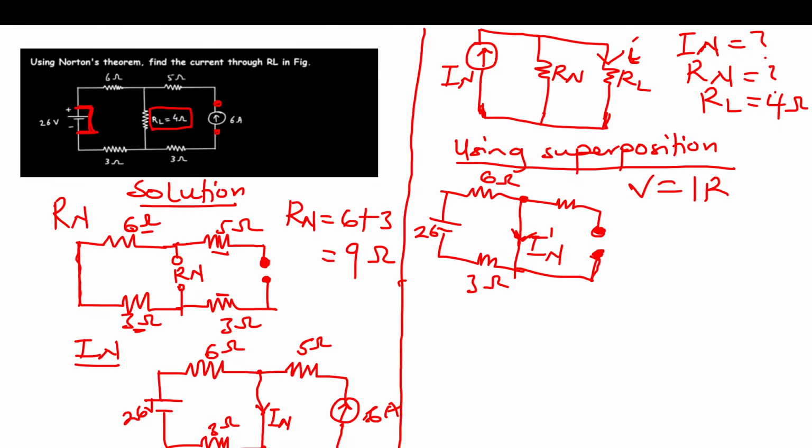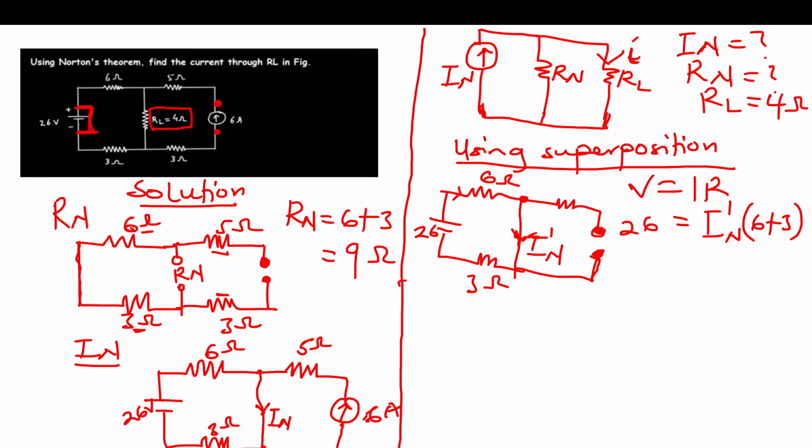So V is equal to IR. So 26, which is my voltage source, is equal to the I. Now, the I here is the In prime because it's the same current passing through the 6 and then back. So you have In prime times the resistor. The total resistance, we have 6 and 3 connected in series. So 6 plus 3.